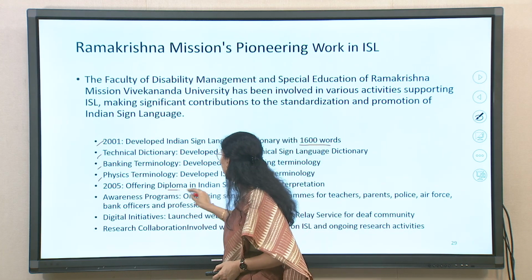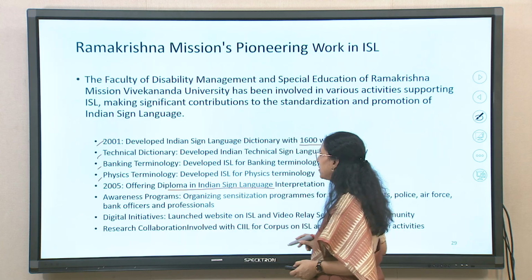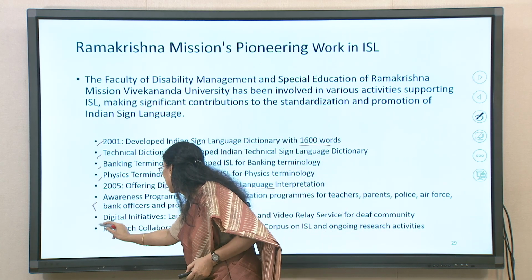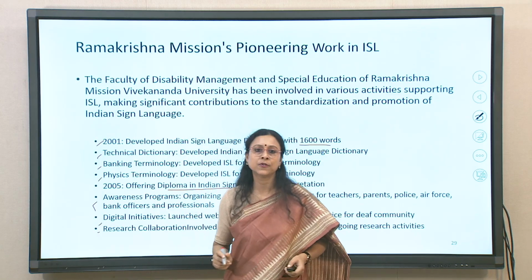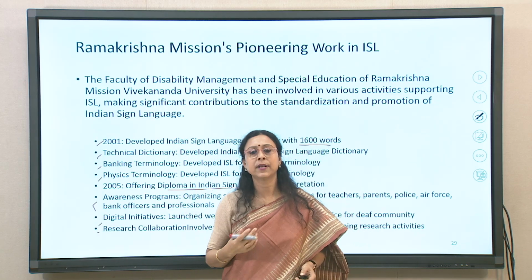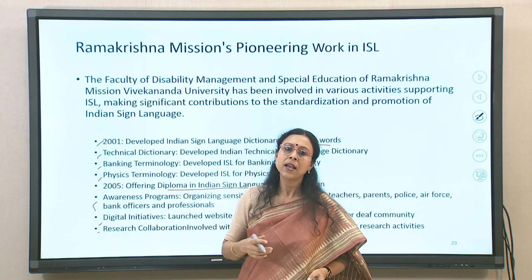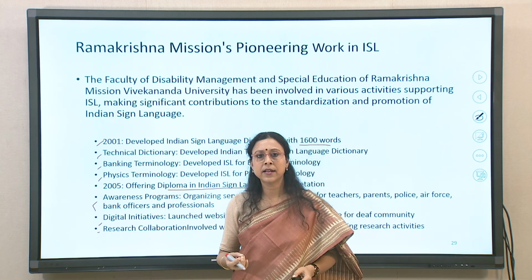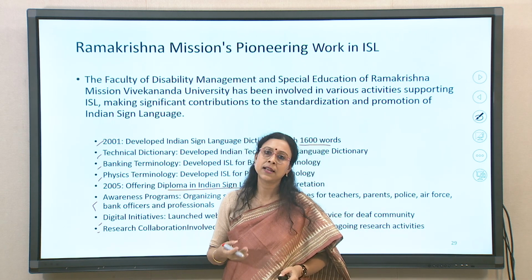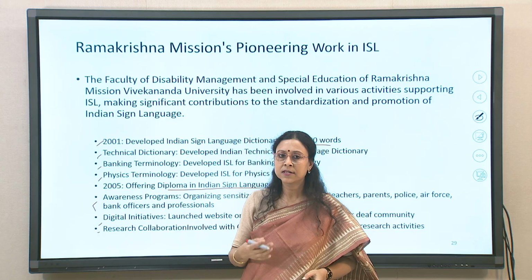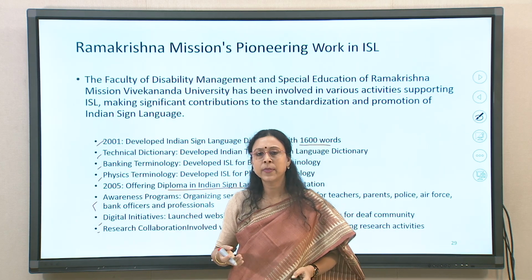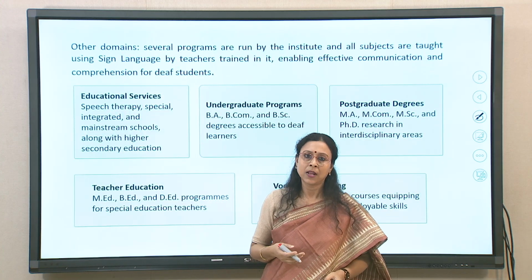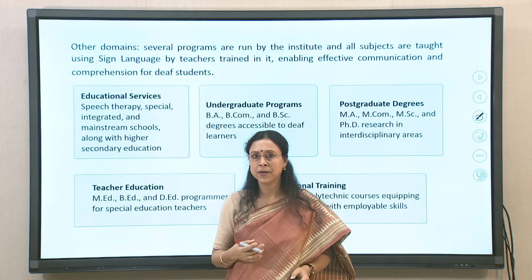In 2005 they began offering a diploma in Indian Sign Language interpretation, and they also have awareness programs, digital initiatives, research, collaboration and so on. So, a lot of work has been carried out by the Ramakrishna Mission, not only in creating different kinds of dictionaries, from the usual dictionary to technical dictionaries and digital domains, but research as well, and they also have various programs run by the institute.